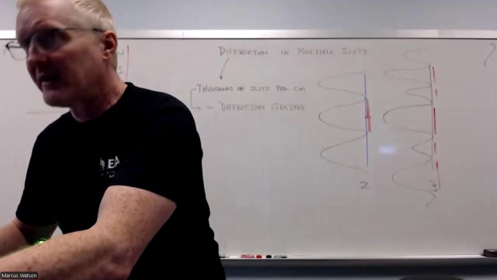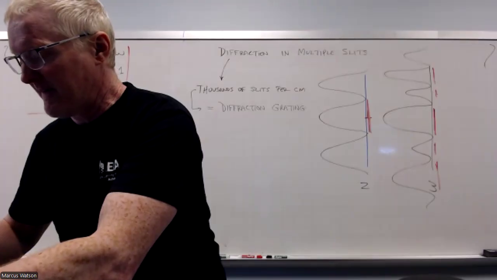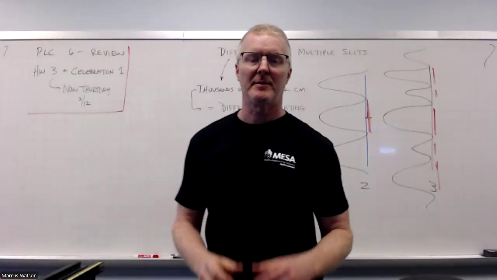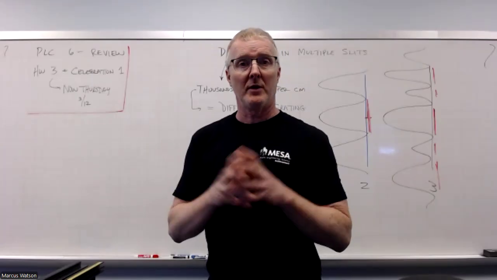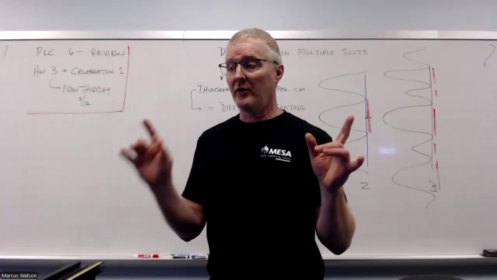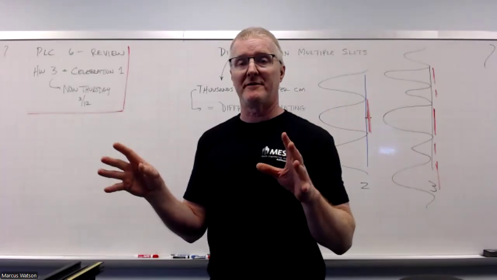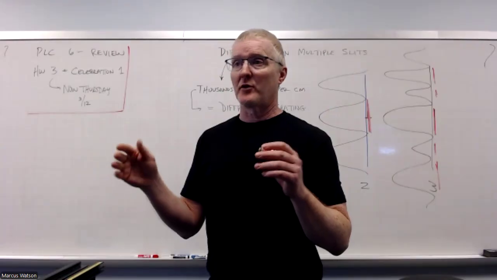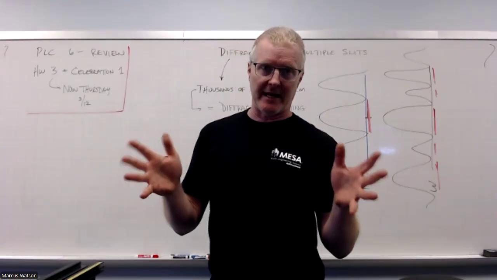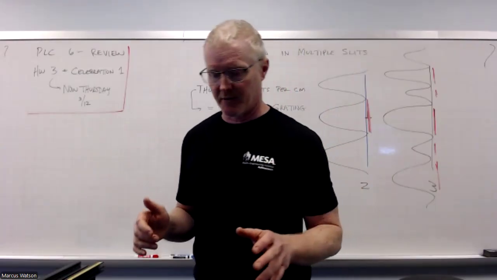So what's happening is that a diffraction grating acts a little bit like a prism, right, where it splits up the wavelengths. And also it gives you the ability to measure the angle very precisely, and therefore you can calculate the wavelength very precisely, all right, much more so than in a prism.